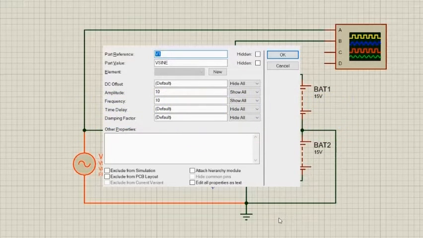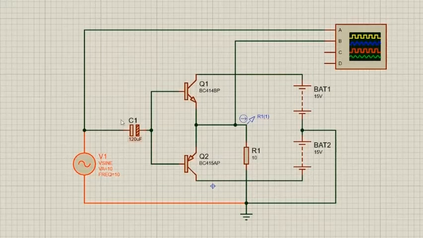Next is the V sign, which is the AC supply for the simulation. We use a 10 volt AC supply with a frequency of 10 so that the signal shown in the oscilloscope can easily be seen because of the longer wavelength. And then we use the 120 microfarad capacitor, NPN transistor and PNP transistor.